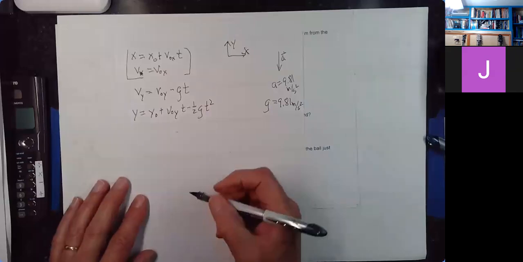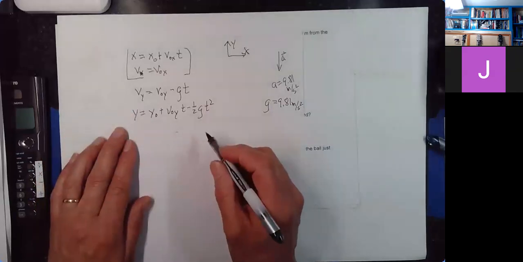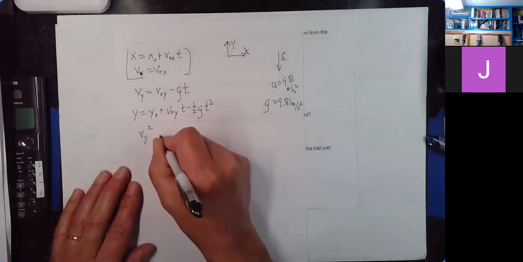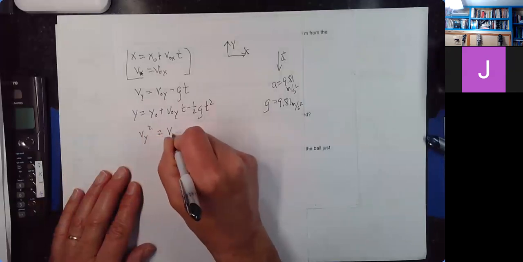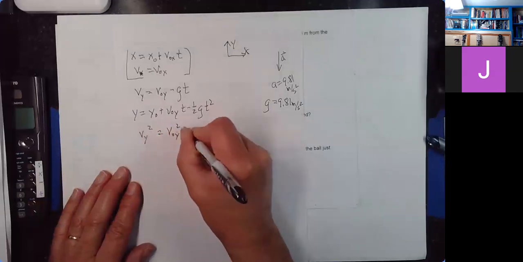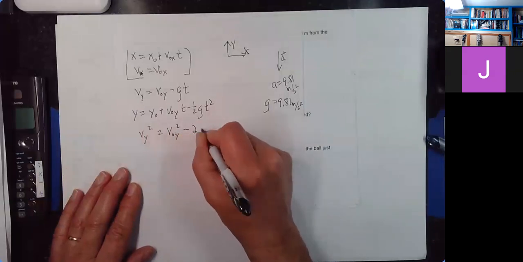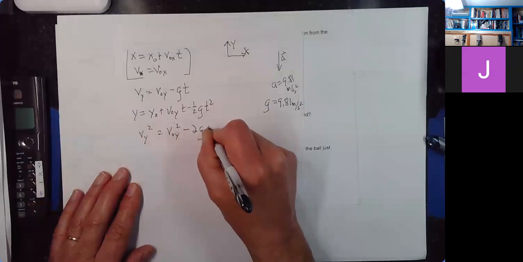So we have that. And whenever you have constant acceleration, you can also sometimes use this equation, which in this case is v sub y squared equals v naught y squared minus 2g delta y.